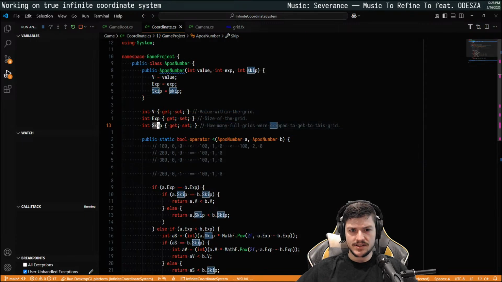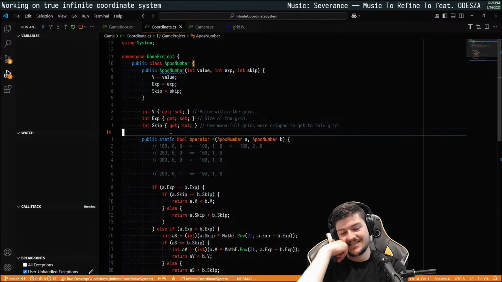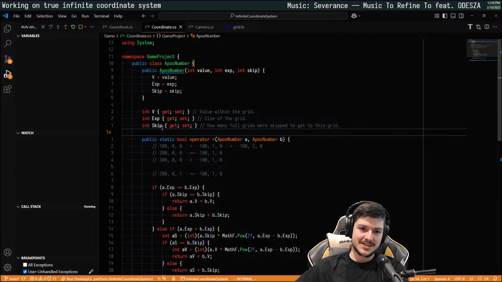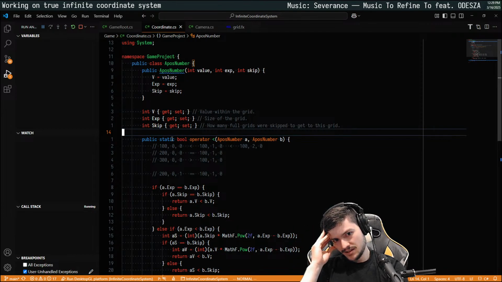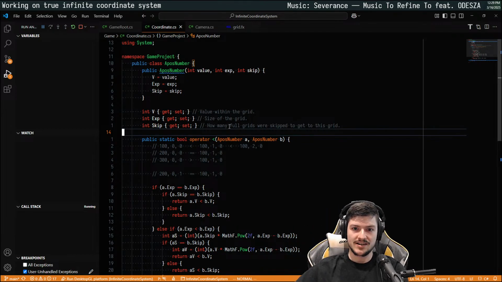The alternative is to... No, I can't. There's no... And the skip is the distance to the origin by doing a translation of the grid.